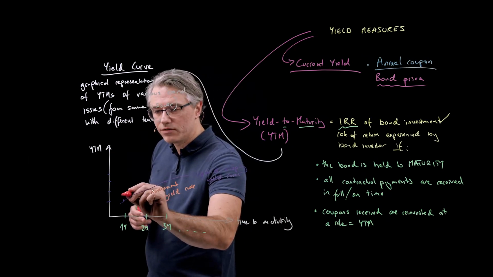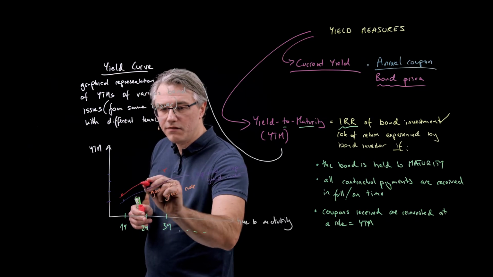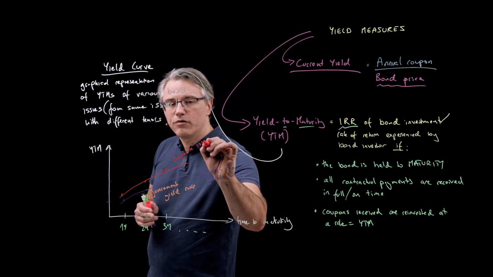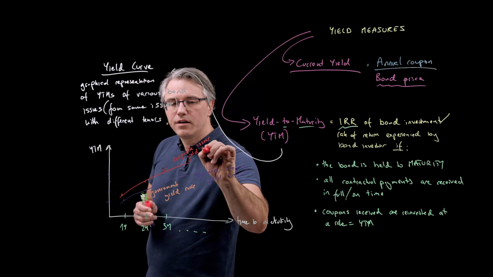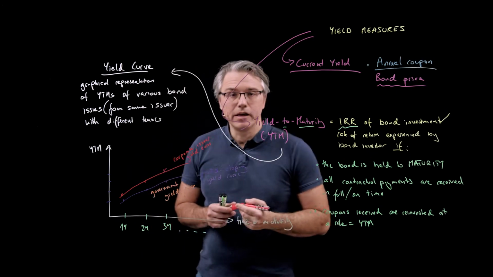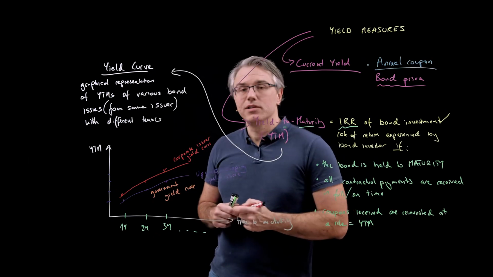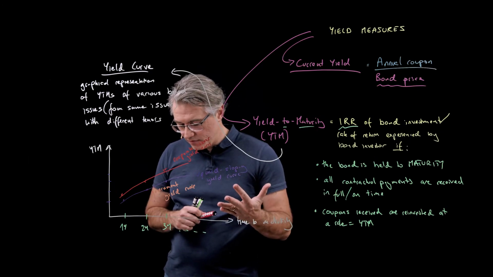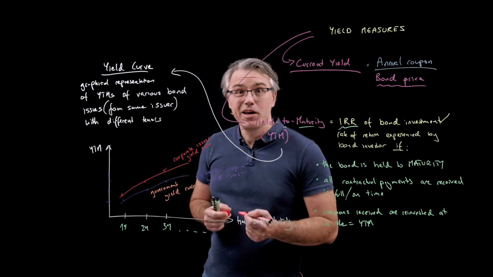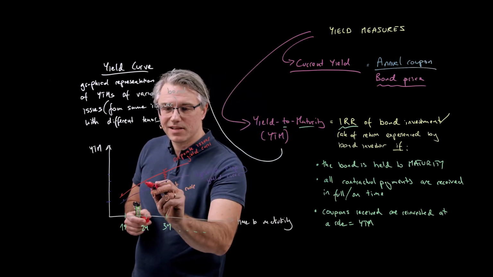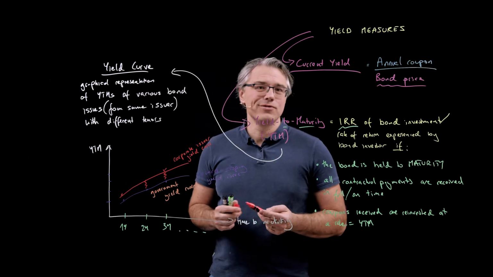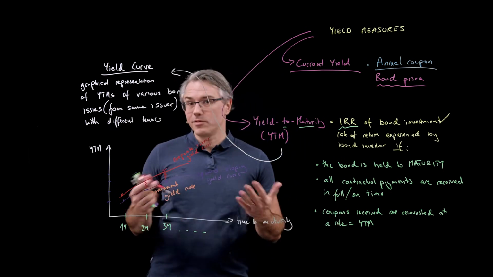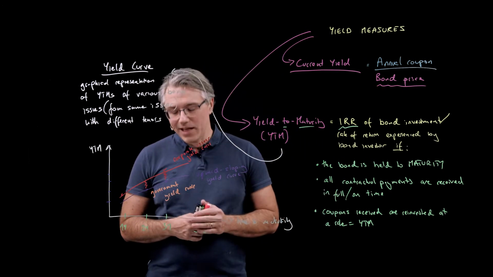And the normal thing to expect is that a corporate issuer yield curve should have yields a little bit higher than those plotted on the basis of government bonds, because of the extra risk associated with buying corporate bonds. See this area here, the additional yield is due to the extra risk posed by corporate issuers, as opposed to government issuers, who are supposed to be typically the highest quality out there.